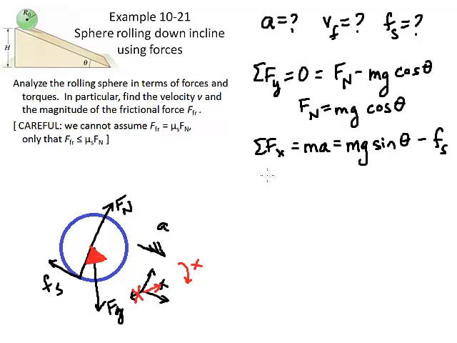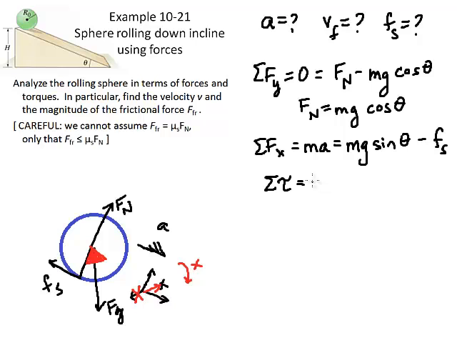So I'm going to look to see how the forces contribute to the torque in making this rotate. Let's first consider the force of gravity. Fg does not contribute a torque because the line of action goes through the fulcrum, and that is also true of Fn. The only force that contributes to the torque is this force of static friction, which is actually going to cause it to rotate in a clockwise direction. So that's going to be a positive torque.